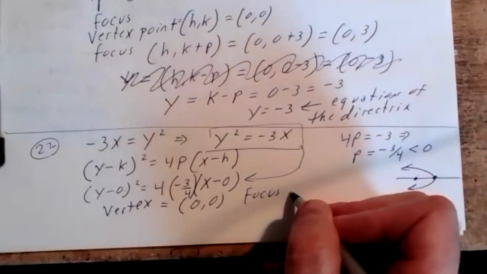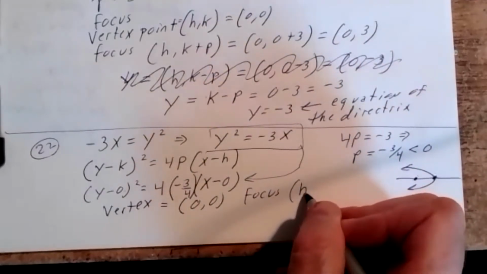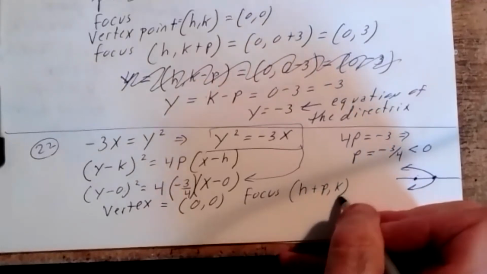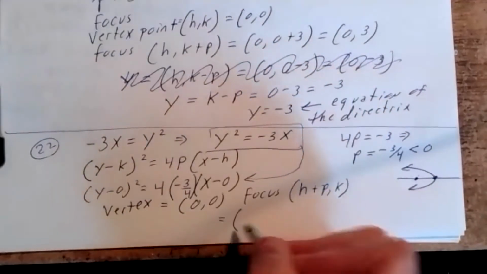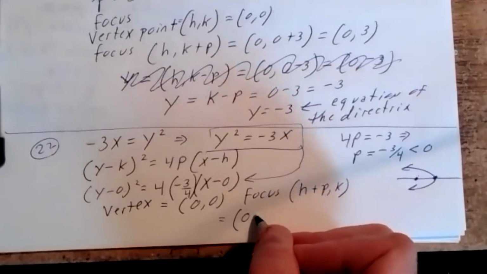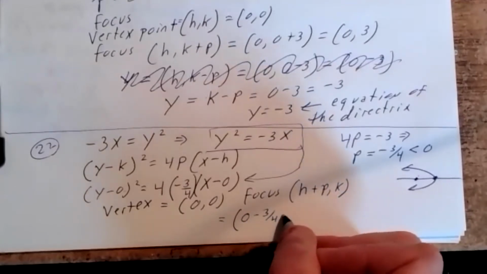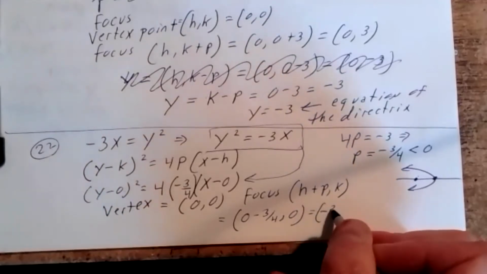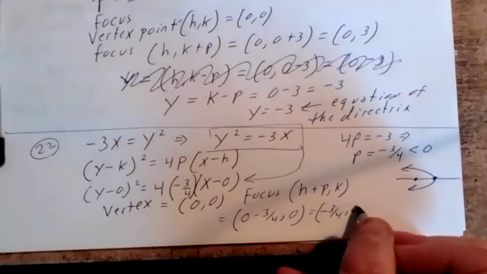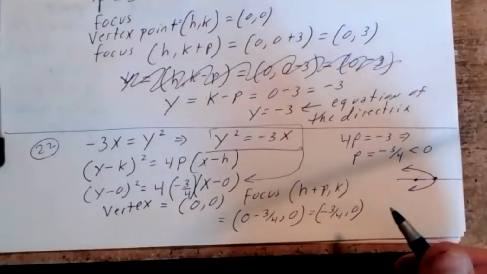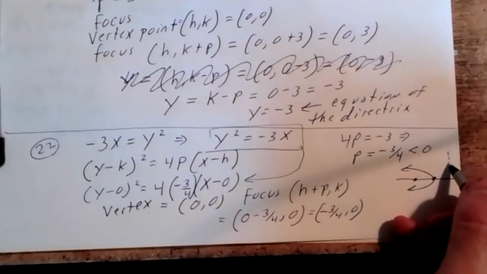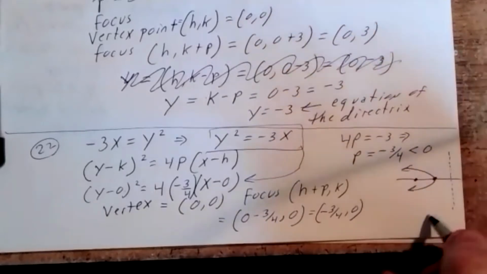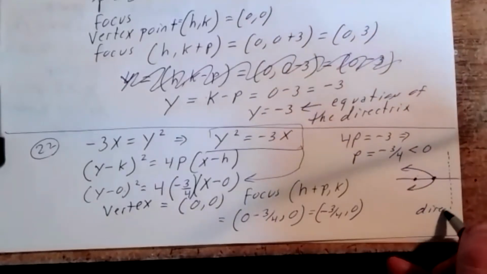So the focus is going to be (h plus p, k), which means the focus is going to be (0 minus 3/4, 0), which is (-3/4, 0). That's the focus. The directrix would be out here. It would be a vertical line now.